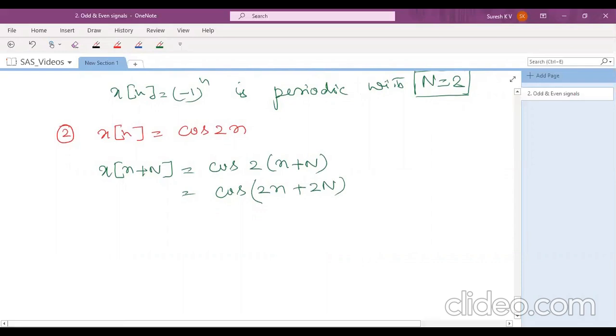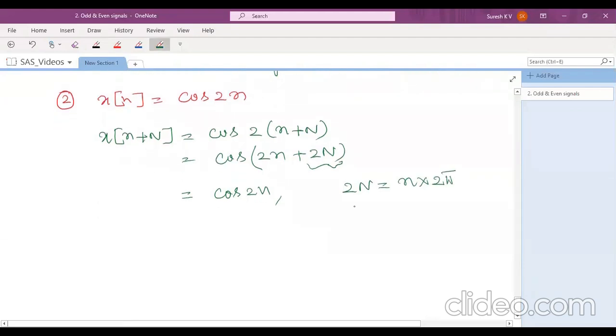So you can observe here, for this to be equal to cos 2n, 2 capital N should be an integer multiple of 2 pi, which means that N should be equal to an integer multiple of pi.